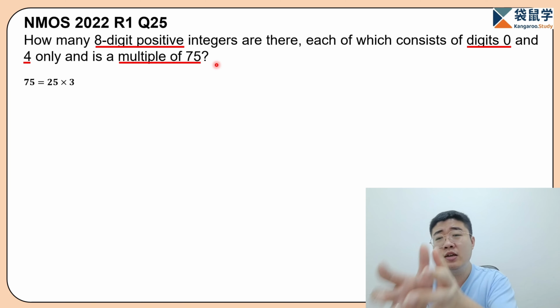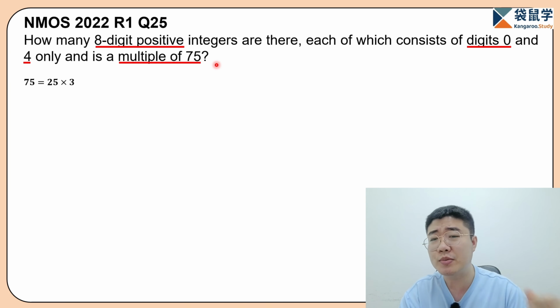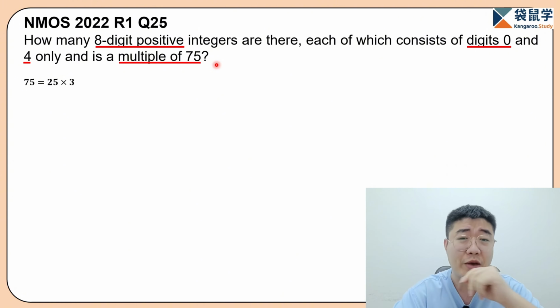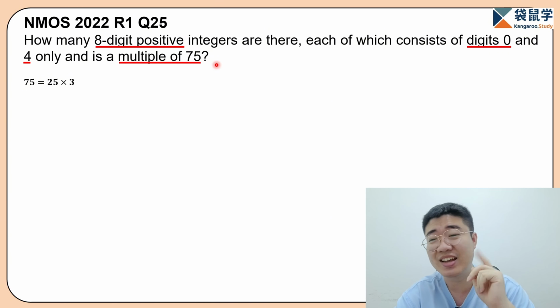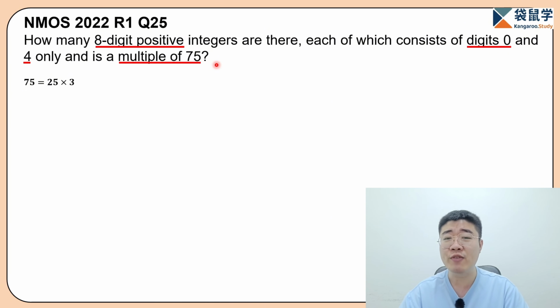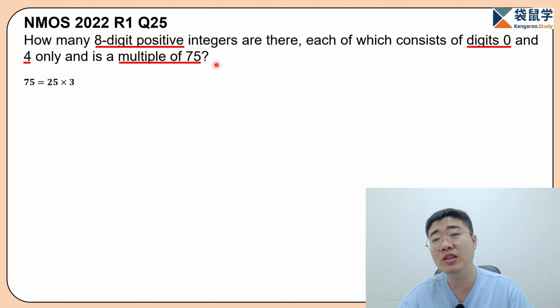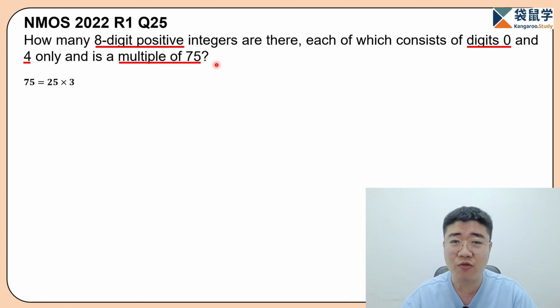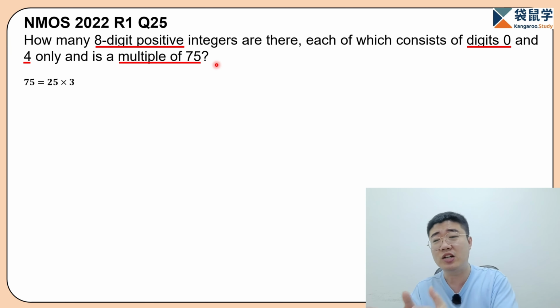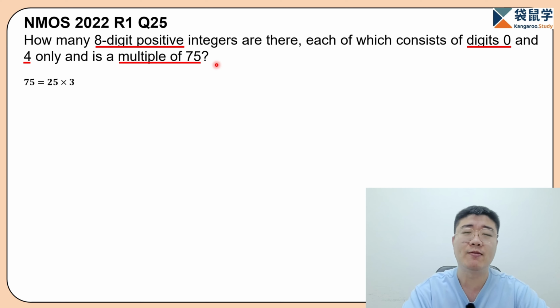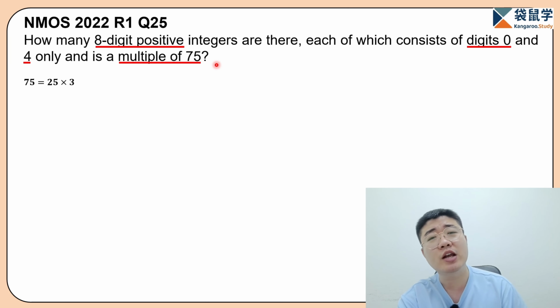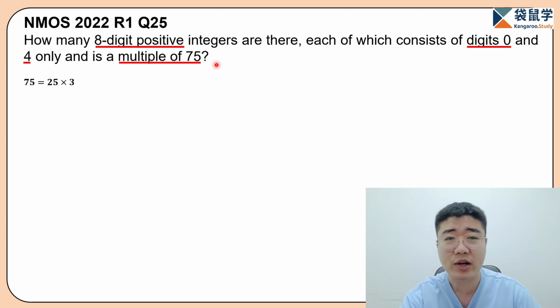From there we know that if this number is divisible by 75, it must be divisible by 25 and divisible by 3. And it happens that we know the divisibility rules of 25 and 3, so we can check these two rules one by one. Now, let's start by checking the divisibility rule of 25.